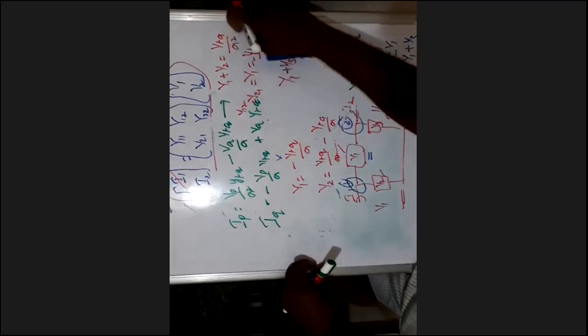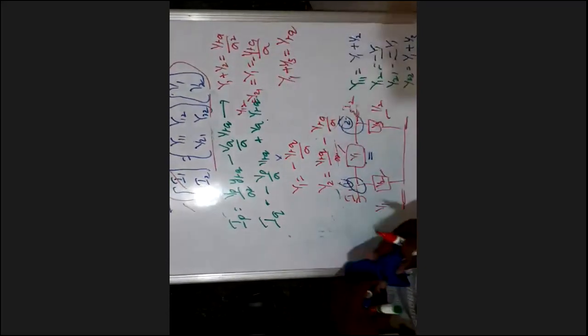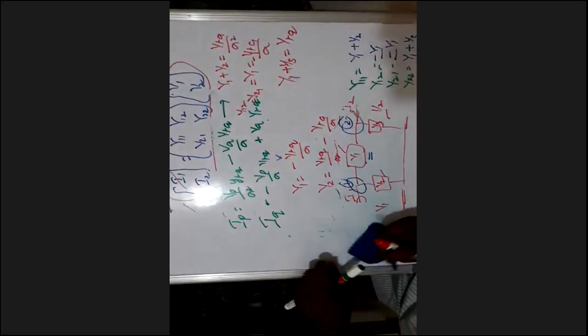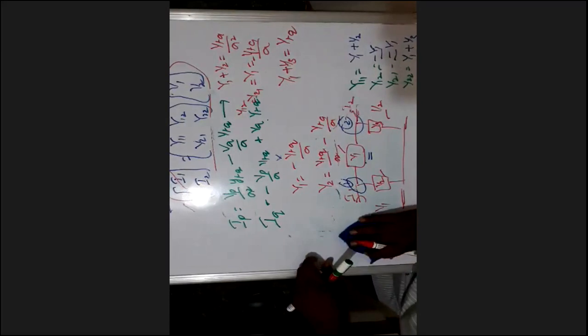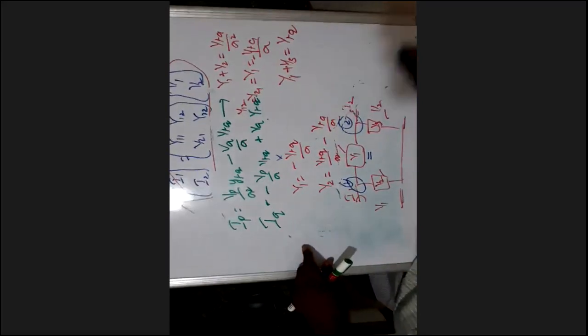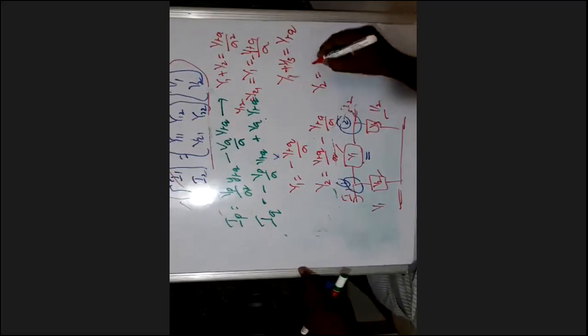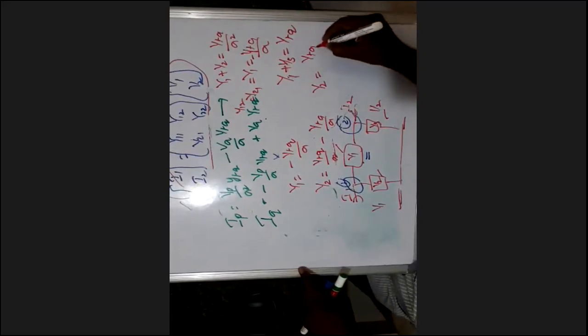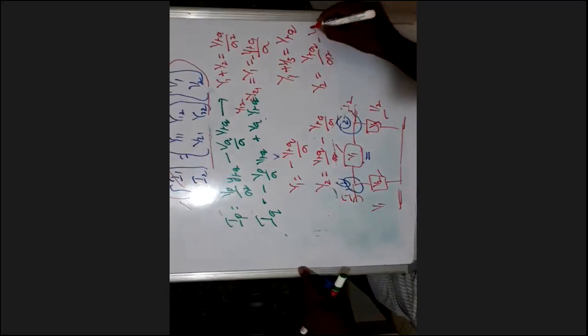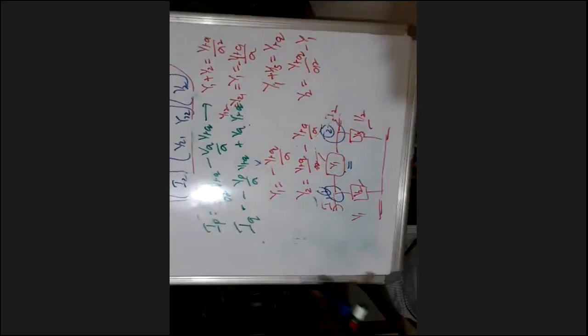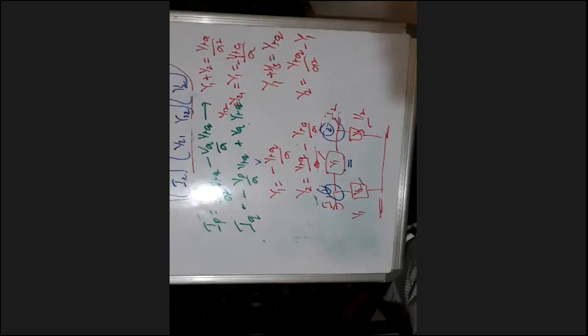Y1 is equal to minus YTQ by A. I need Y2. How does Y2 come? Y2 is equal to YTQ by A square minus Y1. Yes, sir.